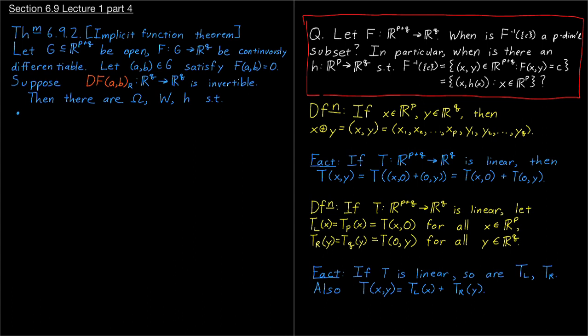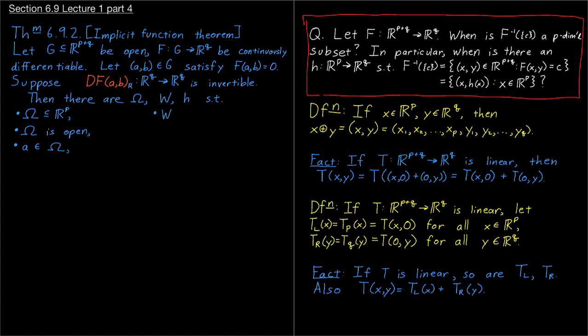So omega and W are both open sets and h is a function. So we're going to say that omega is a subset of R^p that is open and has a in it.